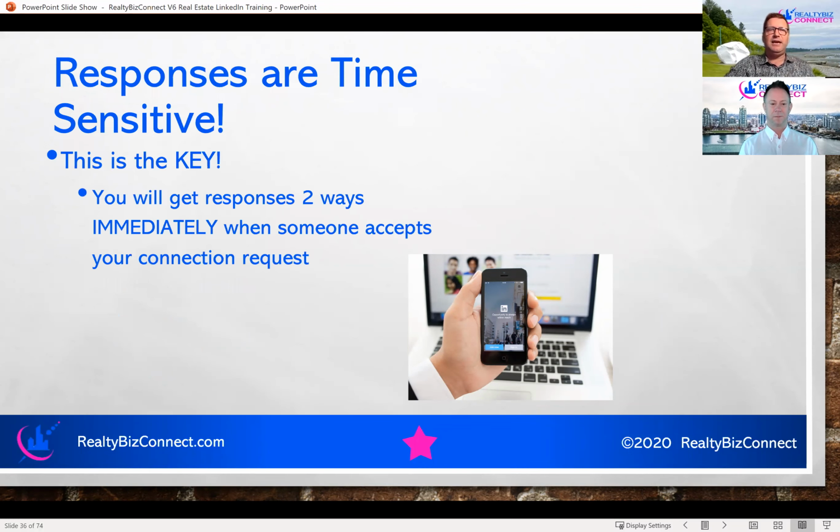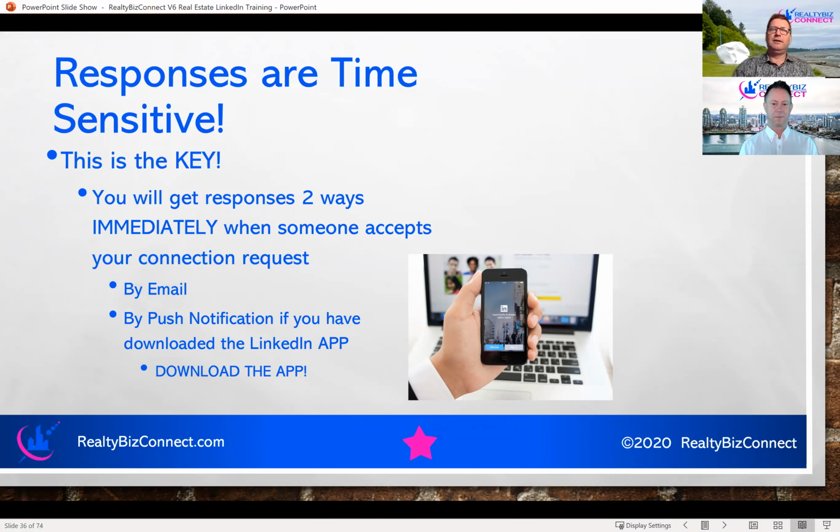This is the key. You're going to get responses in two ways. Immediately when somebody accepts your connection request, you're going to get an email, and you're going to get a push notification if you've downloaded the LinkedIn app. So download the LinkedIn app. Really important. Have it, because the faster you respond to somebody that connects with you, the more likely you're going to make a meaningful connection.